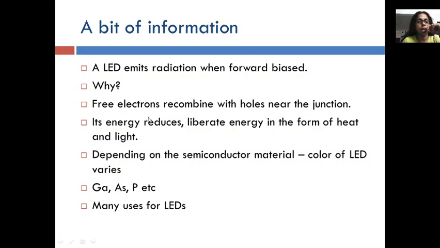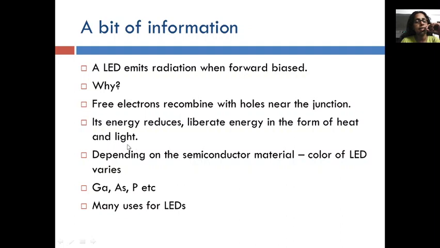Because free electrons recombine with holes near the junction, and the energy of the free electrons is reduced, and it will be liberated in the form of heat and light.